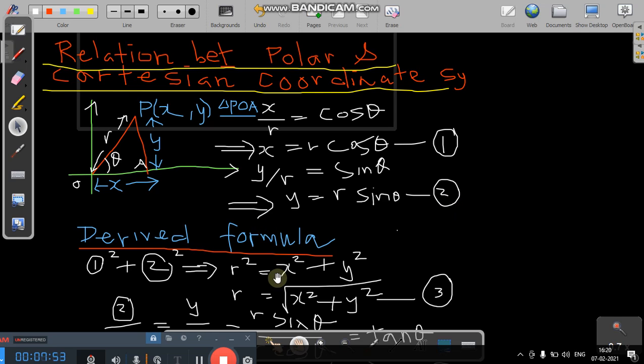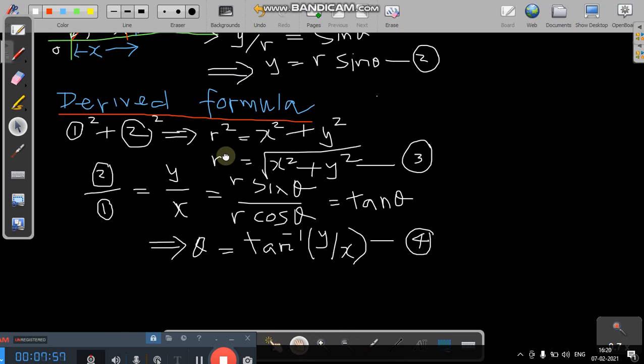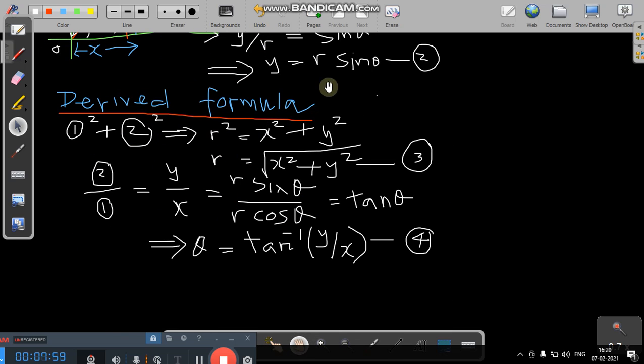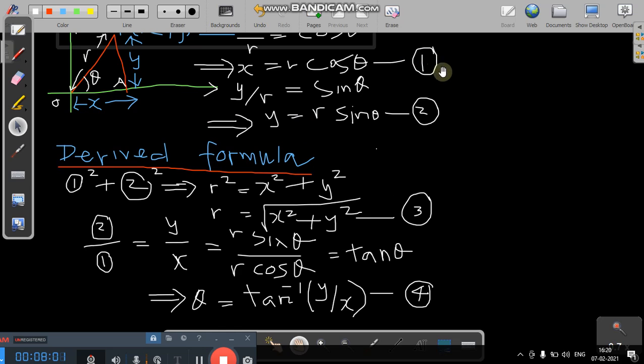Now what is the derived formula from these two? You square the first equation and add it to the squared second equation. This gives r squared is equal to x square plus y square, because sin square theta plus cos square theta is equal to 1.